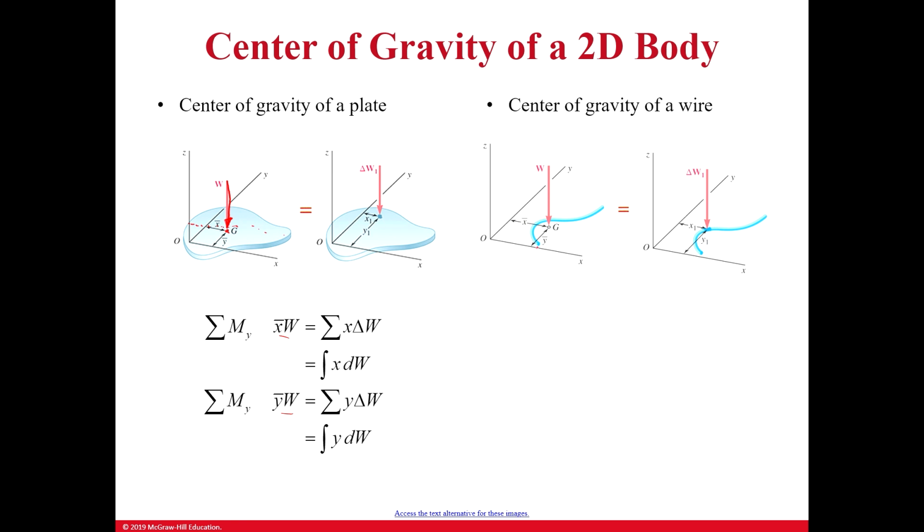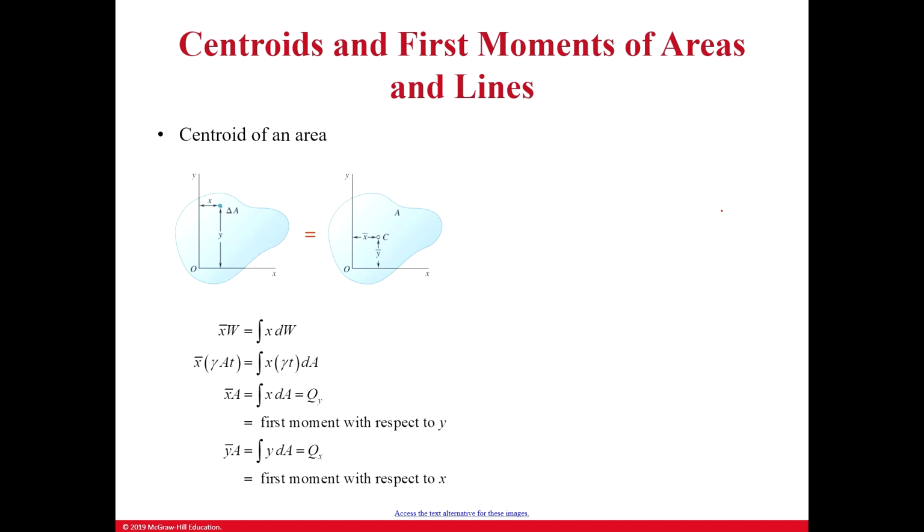What happens if it's a rope or a string? The centroid might not be on the actual mass or the volume; it might be outside. It's the same concept: you compute it based on an integral of all the segments of x and y across the geometry.